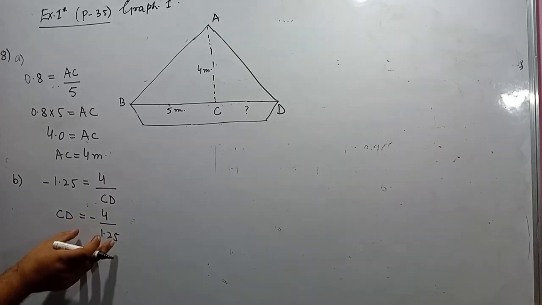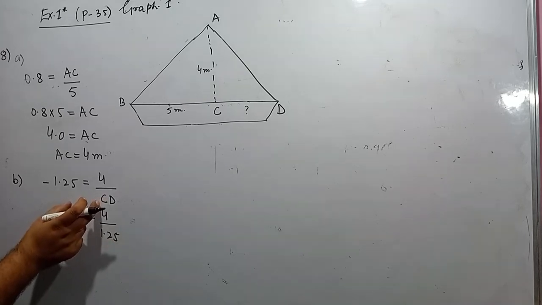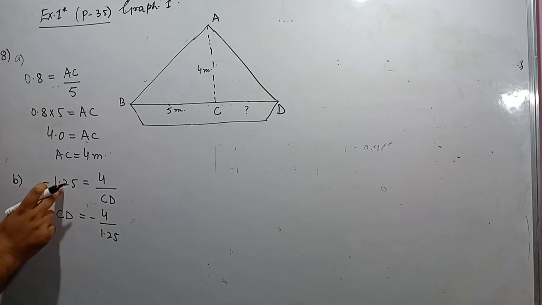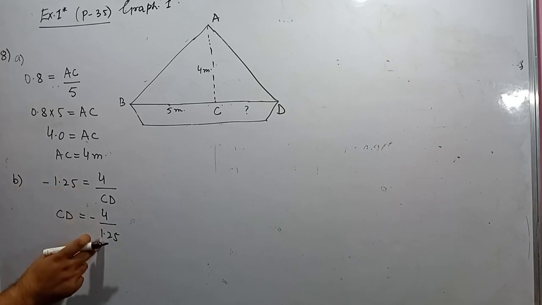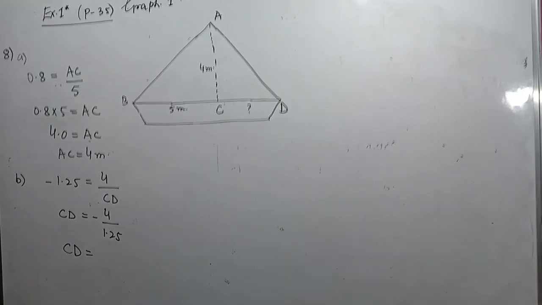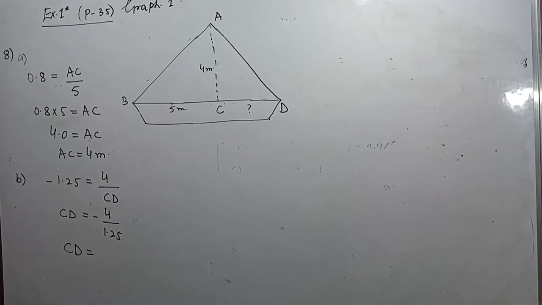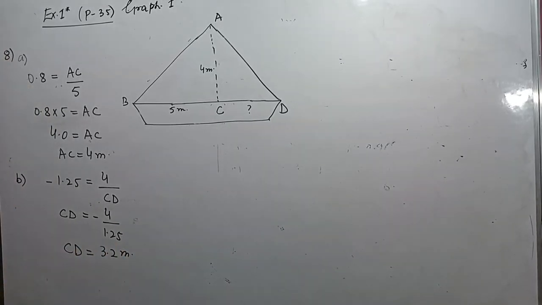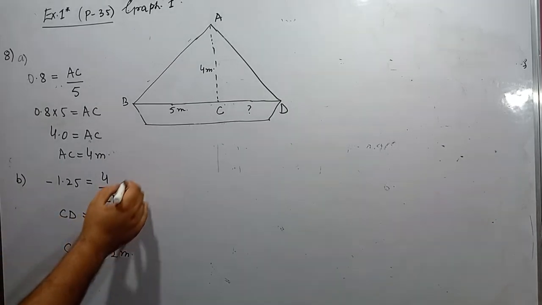You can see here what I did. I did the transposition. CD I wrote here, and minus 1.25 I wrote here in the denominator. So CD is equal to 3.2 meter. Now what is the length of the board?